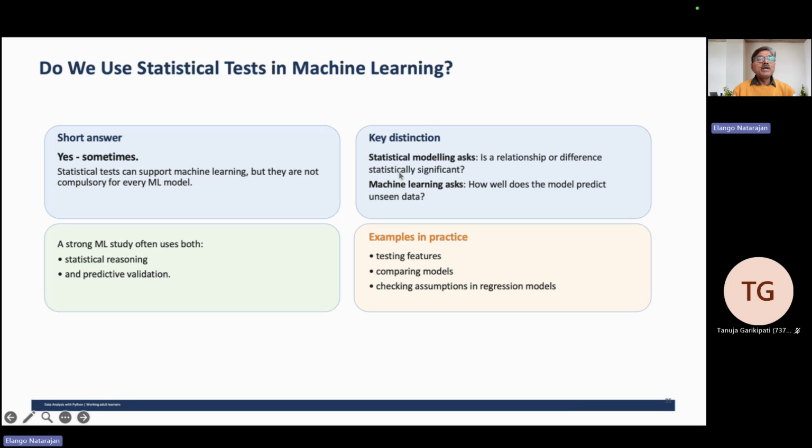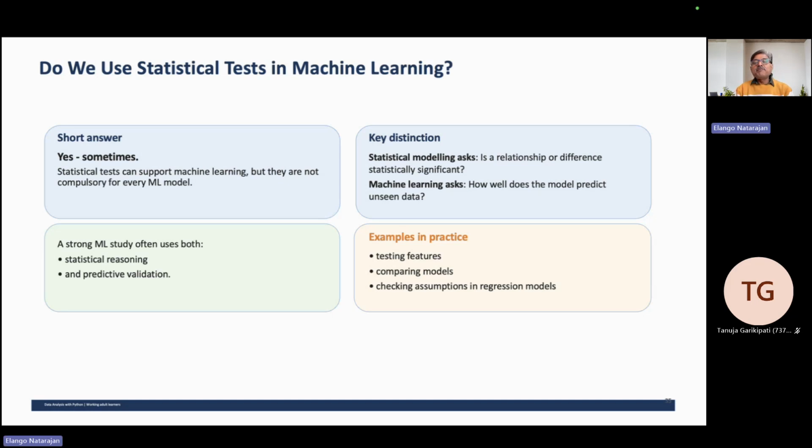So what is statistical modeling? Statistical modeling is trying to find out the relationship or differences between two groups, and we try to find out whether the data that we have is statistically significant or not.